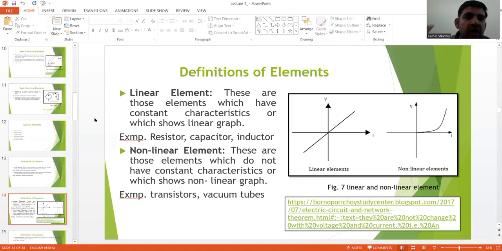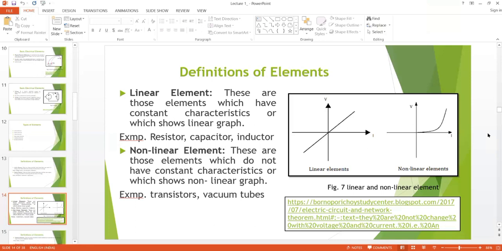Don't confuse yourself. A linear element is one in which we talk about linear characteristics. It has to be drawn on a graph between the input and output. How do you decide the x-axis and y-axis? On the x-axis, always the independent quantity will come, and on the y-axis, the dependent quantity.